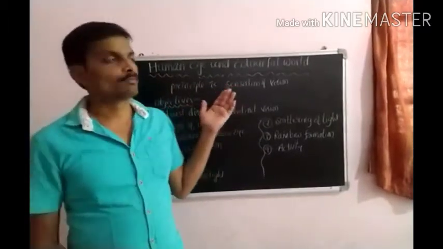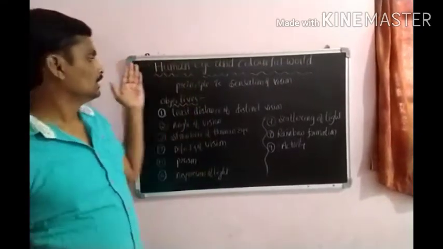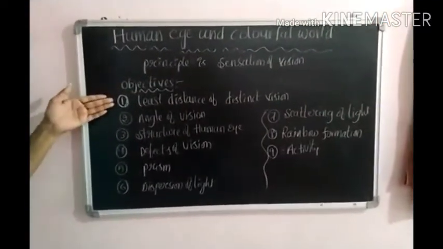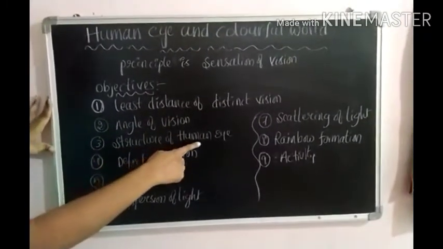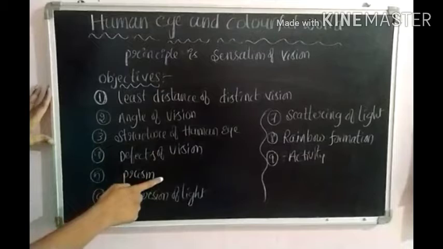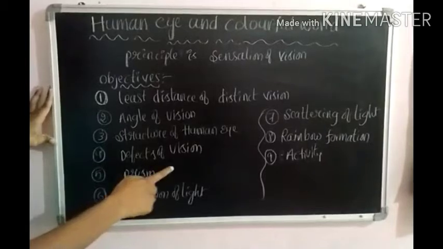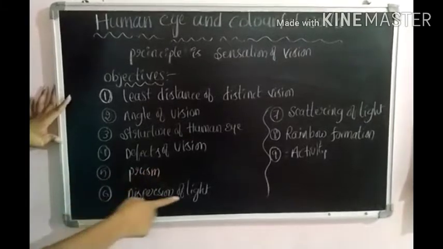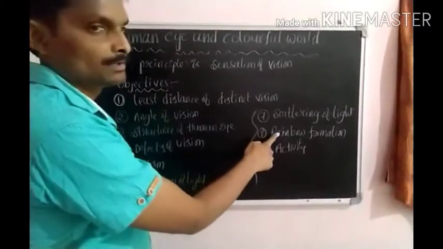In this session, we are going to learn human eye and colorful world. In this lesson, the objectives are the least distance of distinct vision, angle of vision, structure of human eye, defects of vision, prism, lab activity on prism, how to find the refractive index of a prism, derivation of refractive index of a prism, dispersion of light and scattering of light, and rainbow formation.